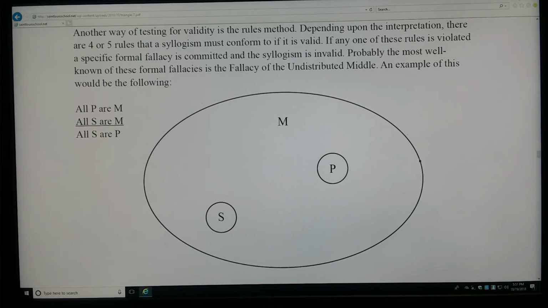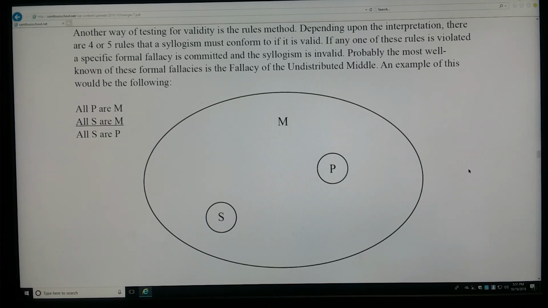Well, as the diagram indicates, that doesn't necessarily have to be the case. Suppose that M represents a very large class, like mammals. Well, if that's the case, then we don't really know that S must overlap P. For all we know, they could be completely independent of each other, as, say, dogs and cats would be.